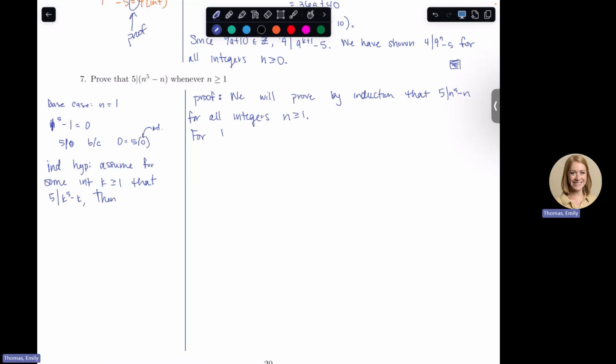For the base case, let n equal 1. Notice 1 to the fifth minus 1 is 0, and 5 divides 0. So the base case holds.